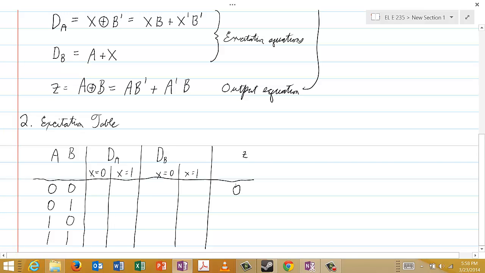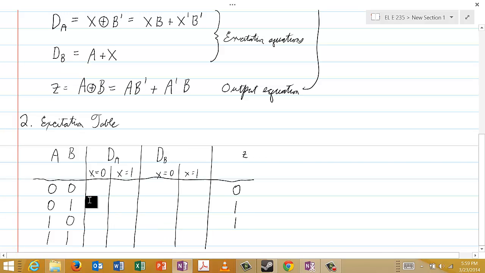But when A and B are different from each other, that's when the exclusive OR will be equal to 1. In other words, when A is 0 and B is 1, that will force the second term in our expression for Z to be 1. And likewise, when A is 1 and B is 0, that will force the first term to be 1.